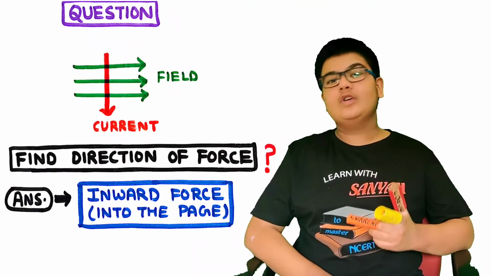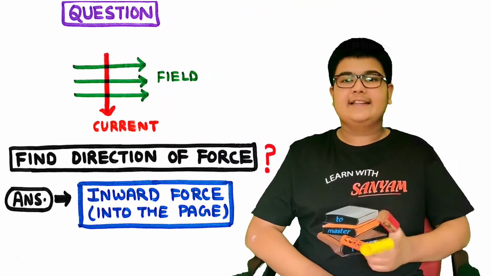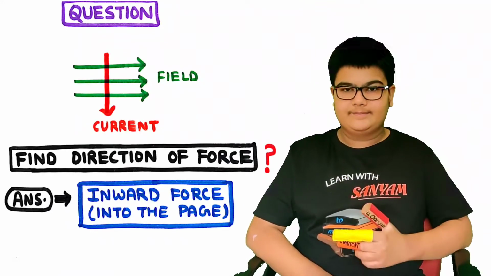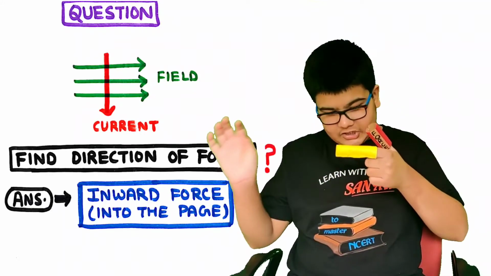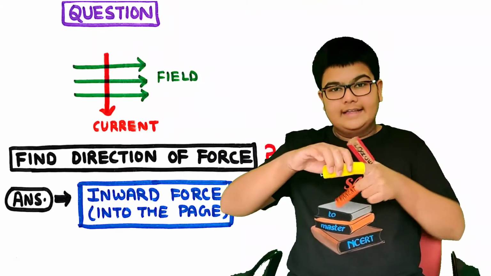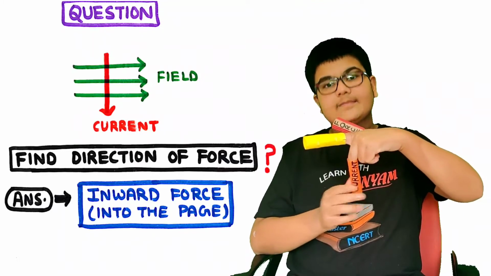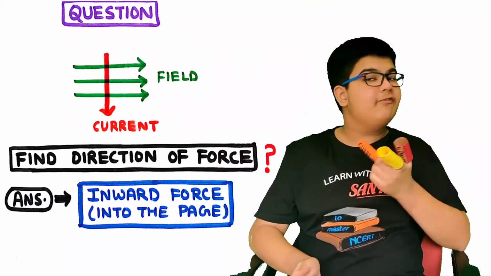Now let's do another practice question to understand Fleming's left hand rule better. In this question, we are given that the field is acting in this direction. Our current is acting downwards and we have to find the force.